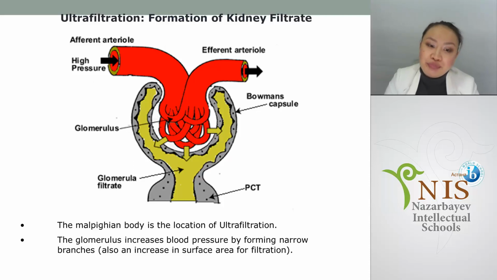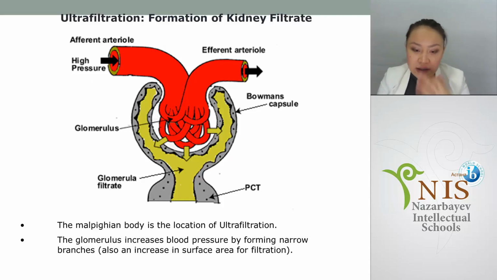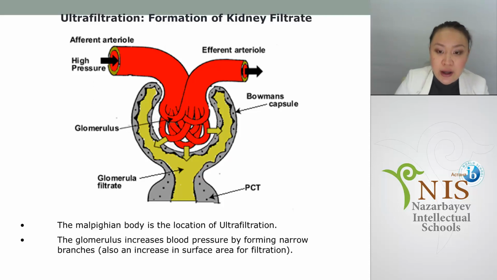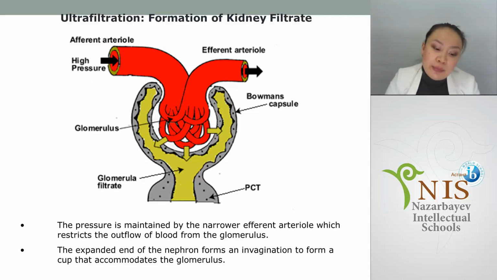But after inside of the glomerulus, the blood will be cleaned up and then go into the efferent arteriole. The pressure is maintained by the narrower efferent arteriole, which restricts the outflow of blood from the glomerulus.